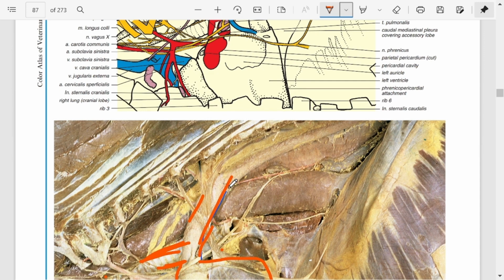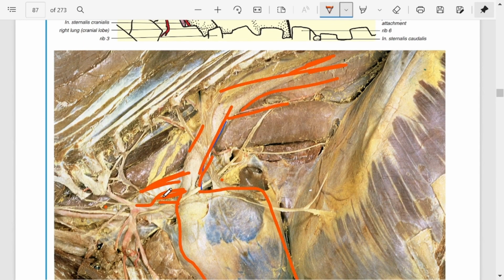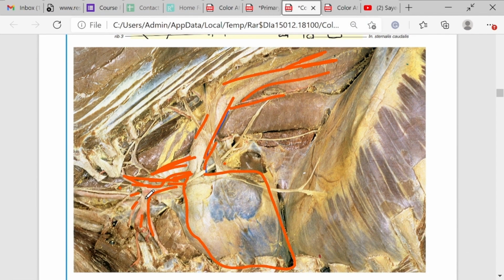As I mentioned, the aorta will go to the caudal part, the lower part of the body, and ultimately give supply there. And from here, you can see these are the branches of the brachiocephalic trunk, which give the supply to the head region as well as the forelimbs.